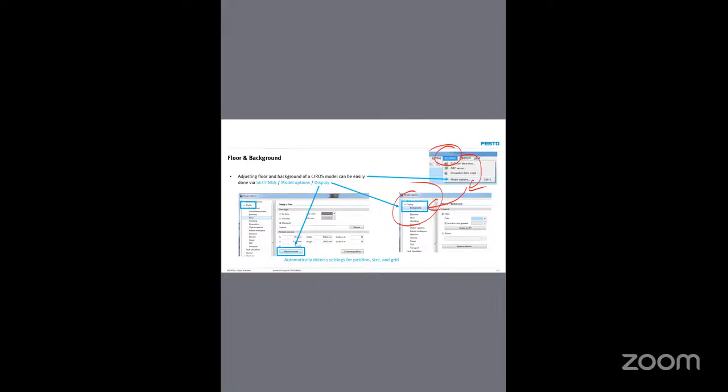Here in the display you can change the background, the coordinate system, elements, floor, then floor position, handling, kinematics, object captions, workspace, selection, sensors, stereo, TCP, transport, etc.